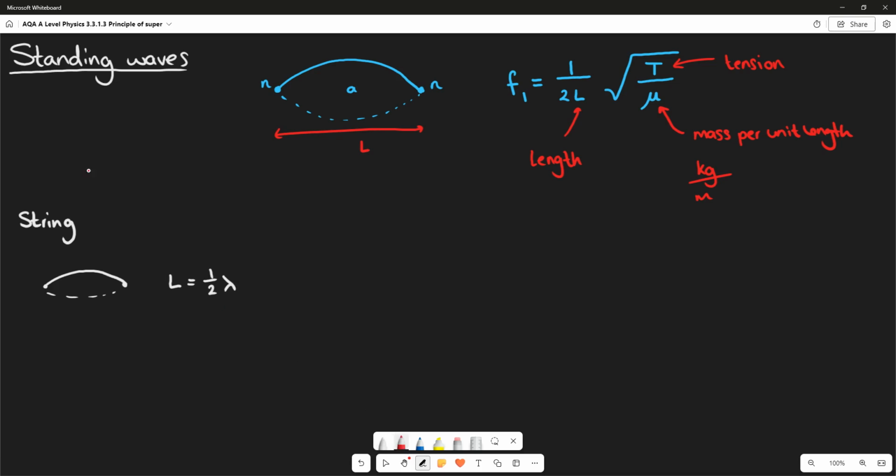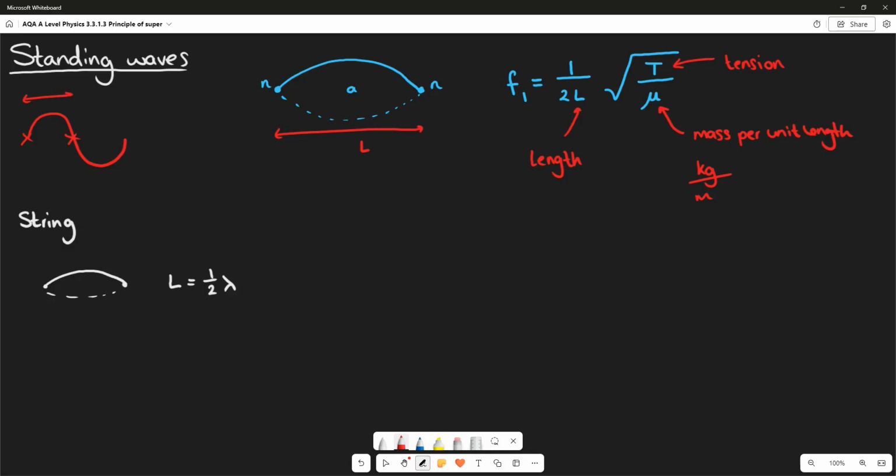Now remember that one wavelength is given by that shape there, or maybe you could draw it as being from a peak down to a trough and then back to a peak again. Personally, I prefer that. And this shape here is from this position to that position.